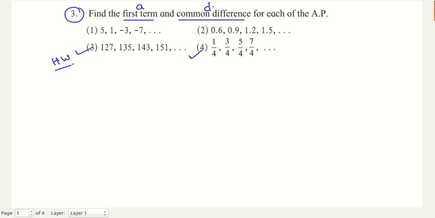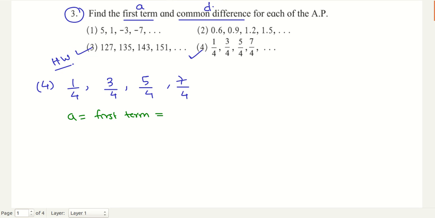So taking the fourth problem, what is given? Fraction series is given: 1 by 4, 3 by 4, 5 by 4 and 7 by 4. Now we know what is the value of A. The value of A is nothing but the first term. Now in exams you have to write like this.